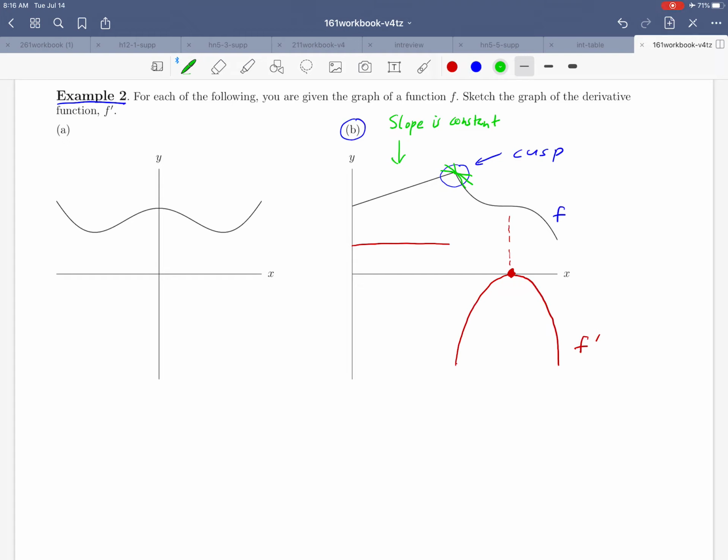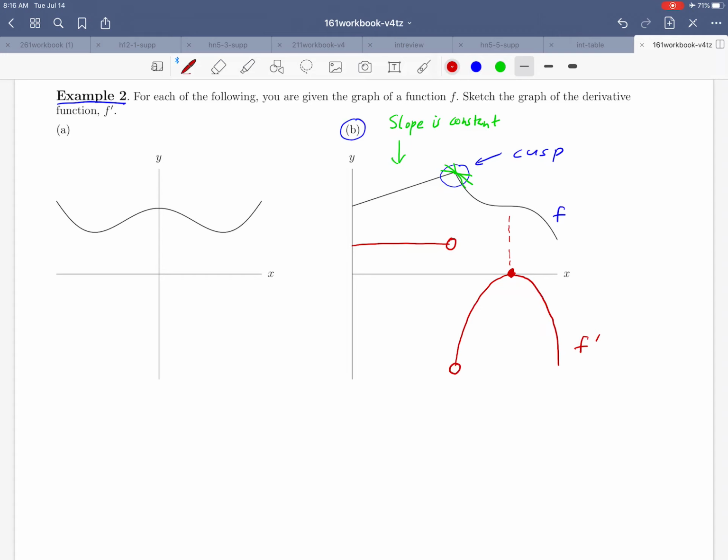Since we can't nail it down to just one slope, the derivative ends up being undefined at that point. There is no one slope to the function at that corner. So we need to put that in our derivative graph somehow, and the way of saying that there's no output value is just to put an open circle.